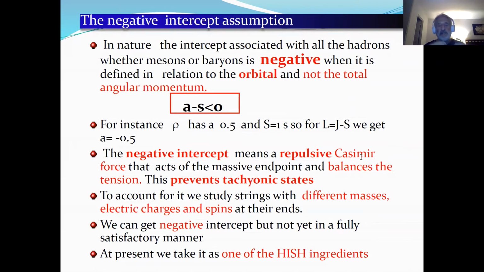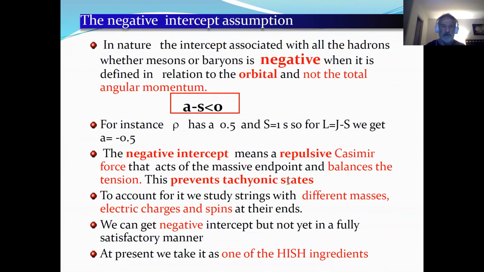So what happens is that when the strings are not rotating, they don't collapse to zero size and become tachyons, because there is a repulsive Casimir force. So in general, there are no tachyons in hadrons, both because there are massive endpoints and because there is this repulsive Casimir force.